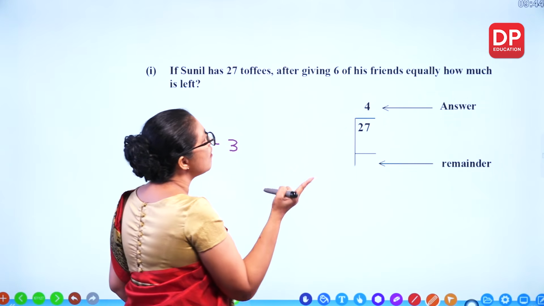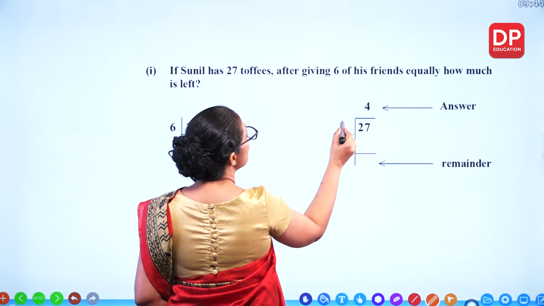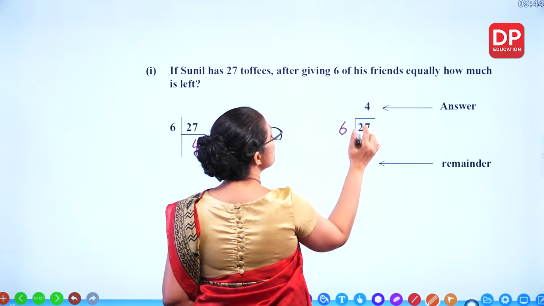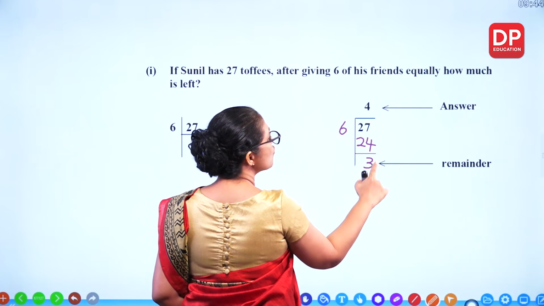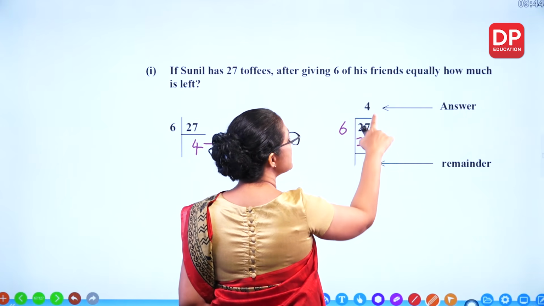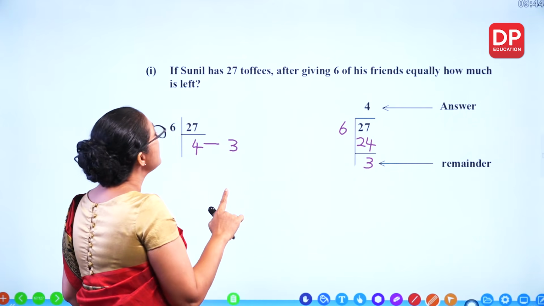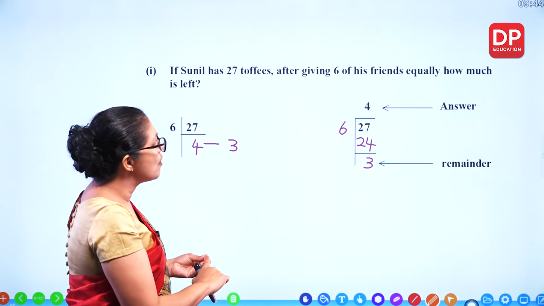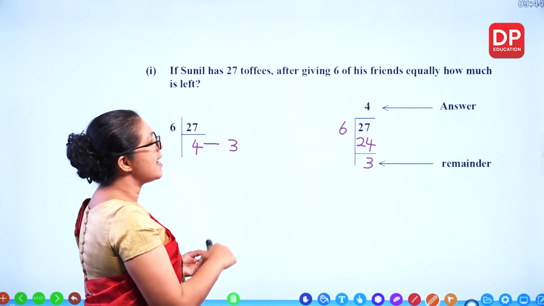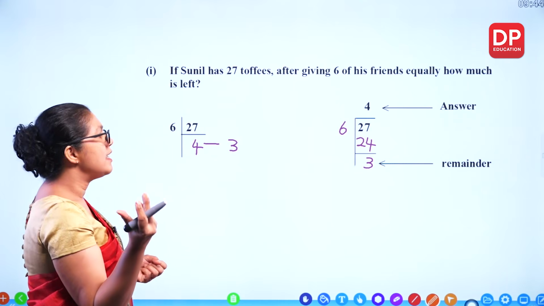Or if you are doing long division, divide by 6. 6 times 4, 24. When you subtract, you get 3. So this is called the remainder and this is the answer. So Sunil can give 4 toffees each to 6 friends and remaining 3 toffees.